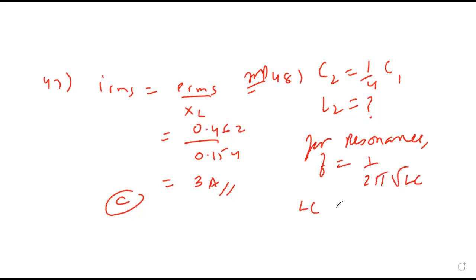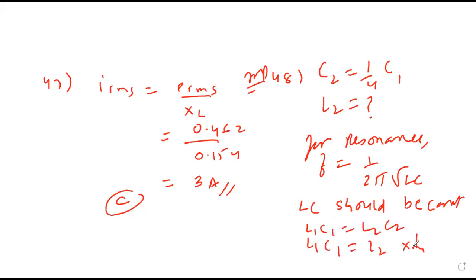That means LC should be constant, then only it will be the same resonance. So L1 C1 should be equal to L2 C2. C2 is made 1/4 of C1. Therefore L2 is 4 times L1. Option A.